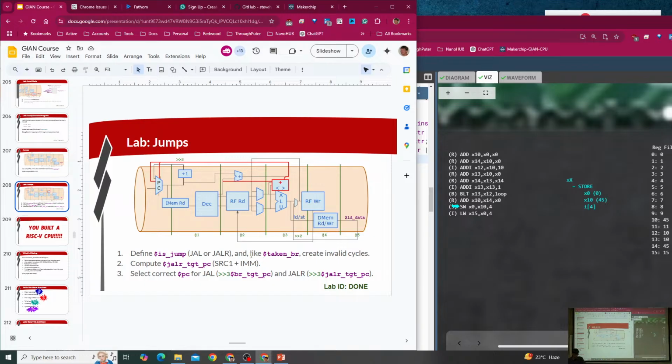So that's step 1. Since JALR, jump and link register, first of all, just terminology. The link register is the register that determines where you need to jump back to if the jump is a function call, right?